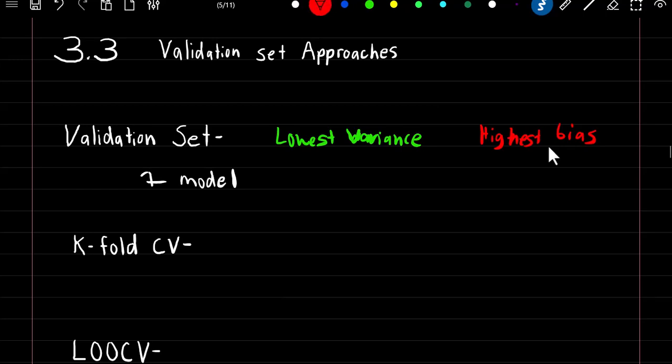Now k-fold cross-validation is going to be somewhere in the middle. So it's going to have mid-variance and mid-bias. We ultimately end up running k models.